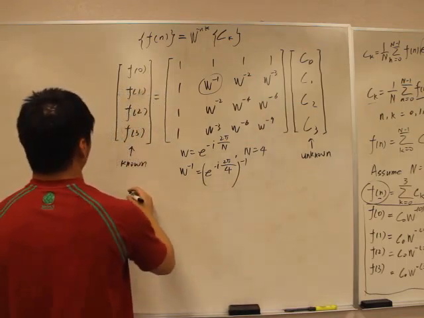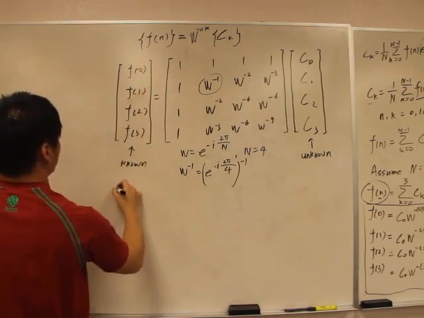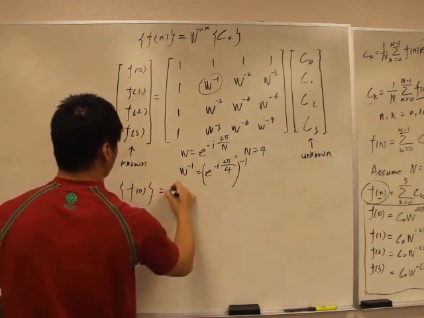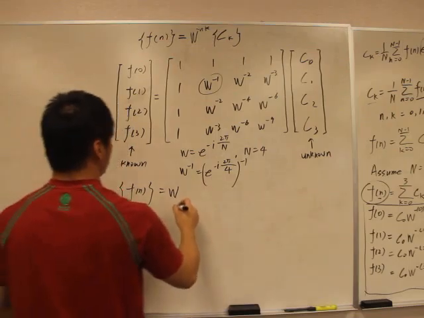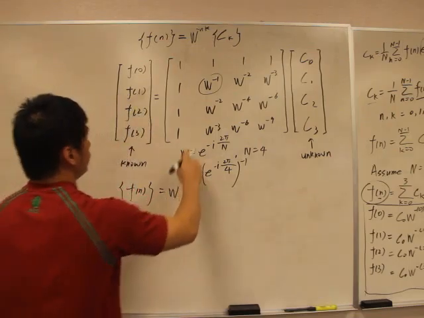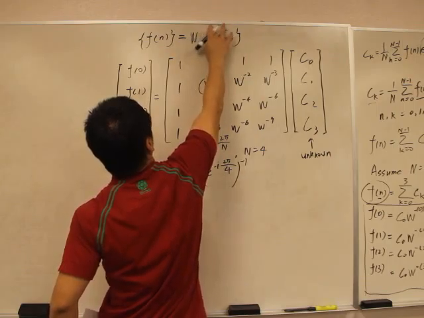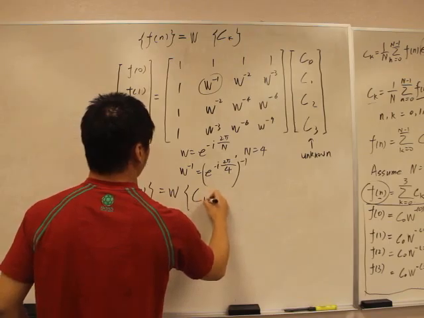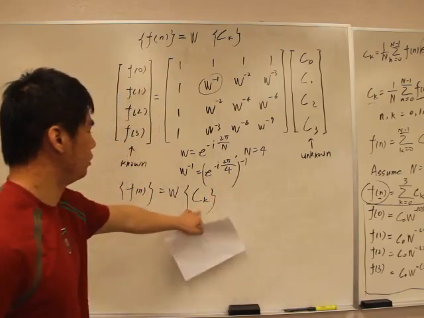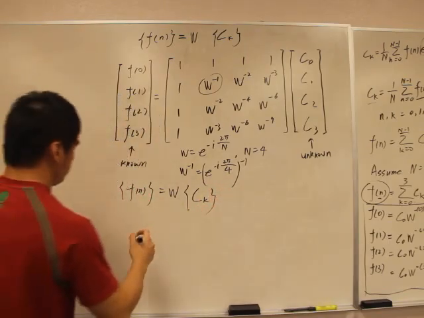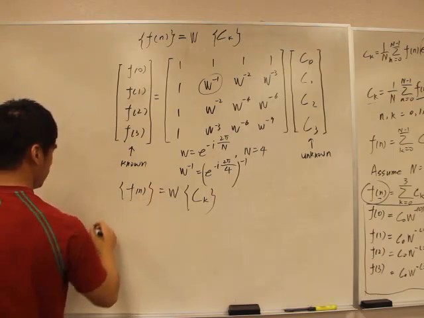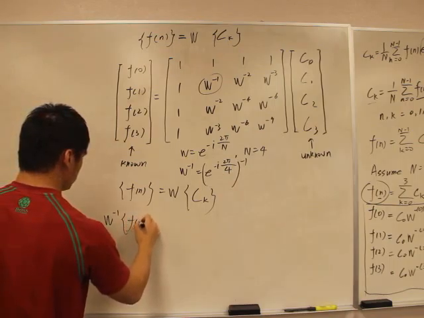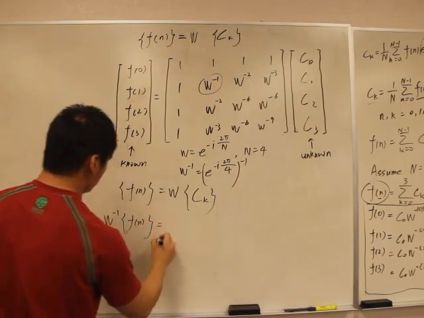So if we're going to solve that equation right here, let me just copy it down. We just call this matrix W. Matrix W times CK. So we're looking for C. We can multiply by the inverse matrix, W raised to the power negative 1, on both sides of this.